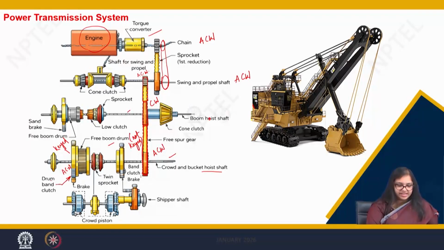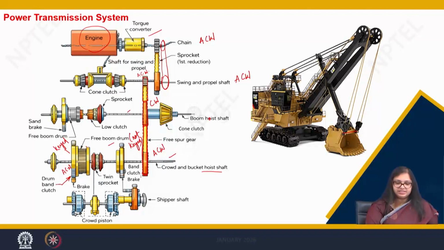I will engage the drum band clutch with the free boom drum. Now when it gets attached to this free boom drum, my free boom drum starts rotating in anti-clockwise direction. When it starts rotating anti-clockwise, it starts winding the rope that is attached to this bucket, and my bucket starts lifting up.